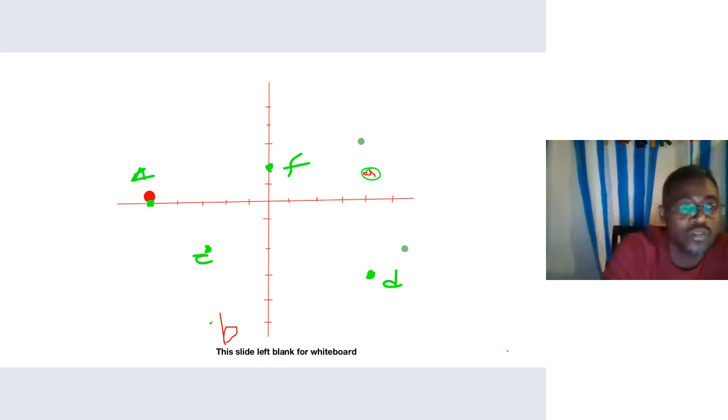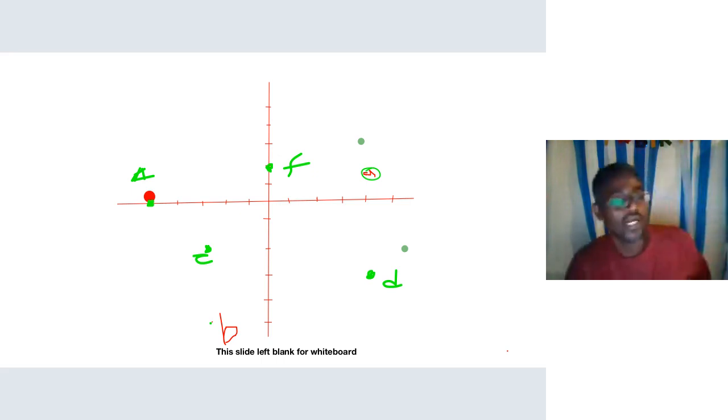So x is positive. So it's either in the first quadrant or in the fourth quadrant. So you can see it here. So if x is positive, that means it's either in the first quadrant or in the fourth quadrant. So if you see here the y is negative, that means it is in the fourth quadrant. So let me use Q for quadrant, okay? Q represents quadrant.